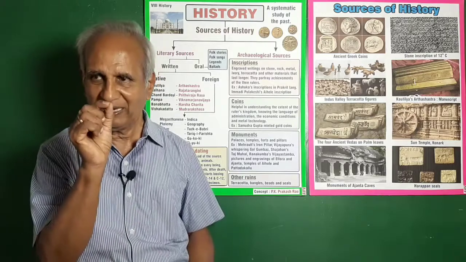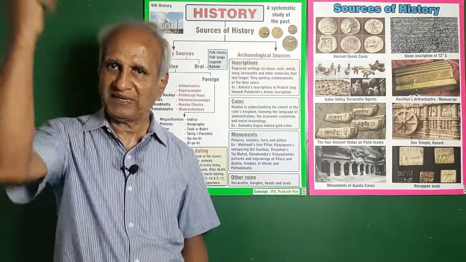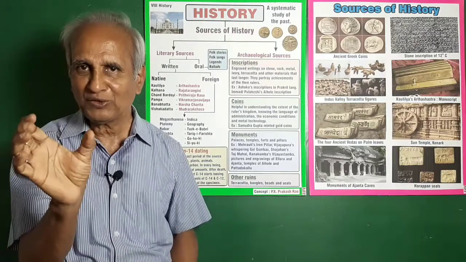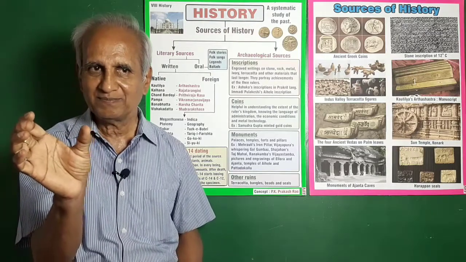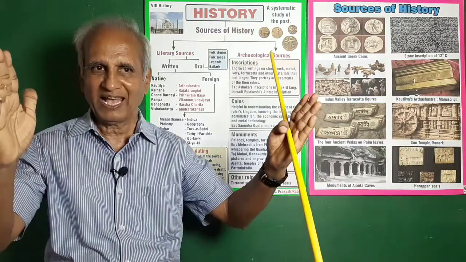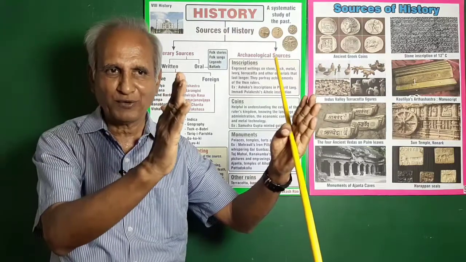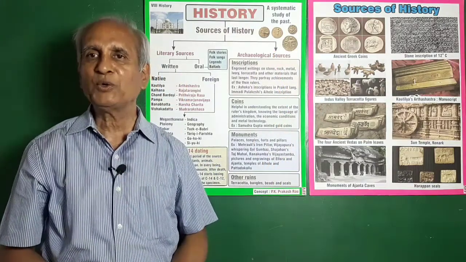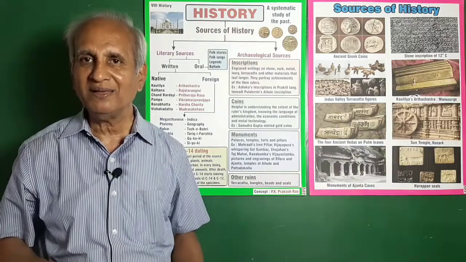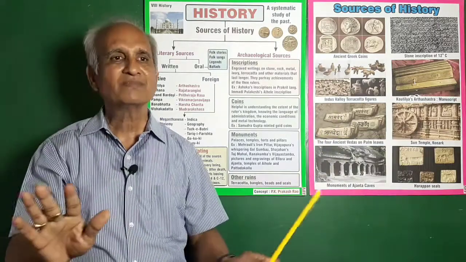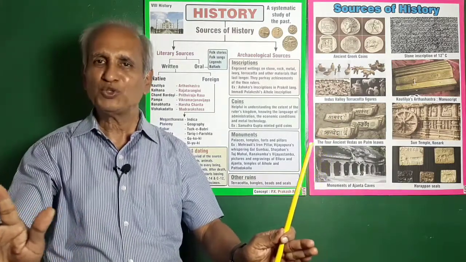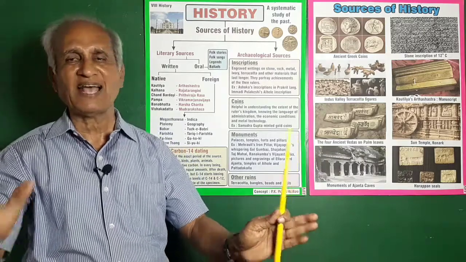This period differs from element to element. In 5,700 years, so much of the element will get reduced to half of it. But carbon-12 remains as it is. Why? It is not radioactive. It stays as it is.